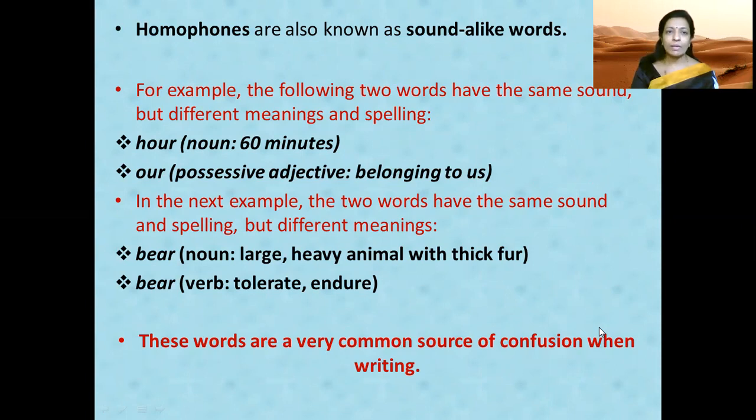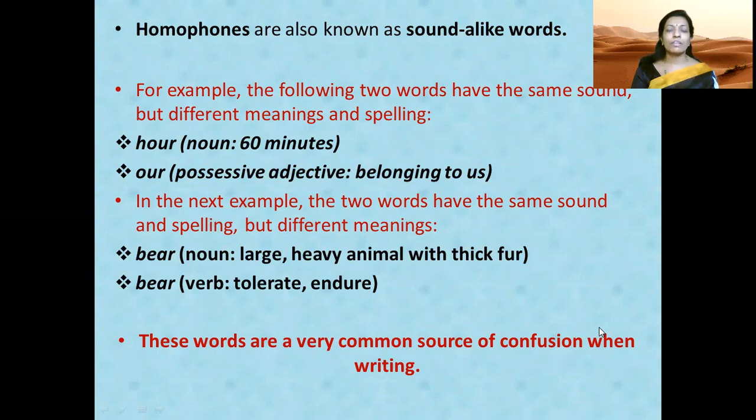The second word bear is a verb which means to tolerate or to endure. So, in some cases, you may find words which have the same sound and the same spelling, but which mean completely different things.